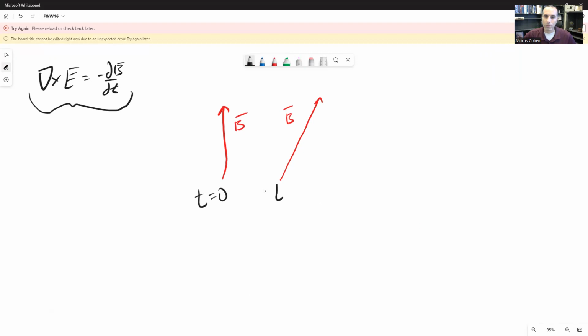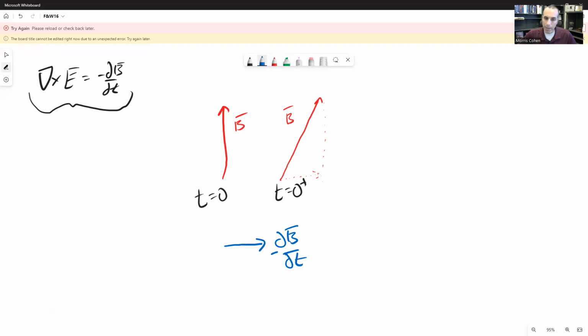This is t equals 0 positive. This vertical component is the same from t equals 0 to t equals 0 positive, but we've acquired a new component that's horizontal, this way. If that's the case, then dB/dt will be a vector that points in the horizontal direction.